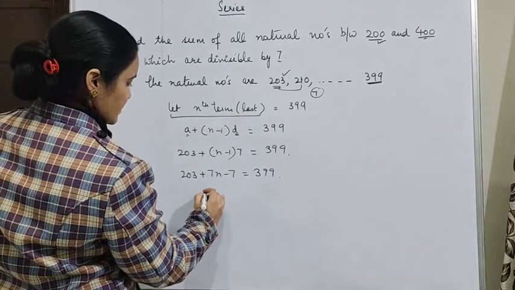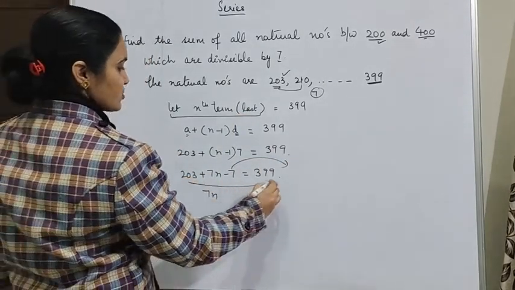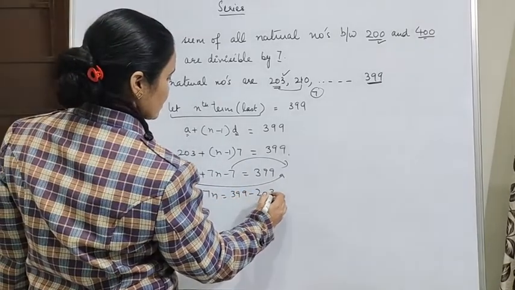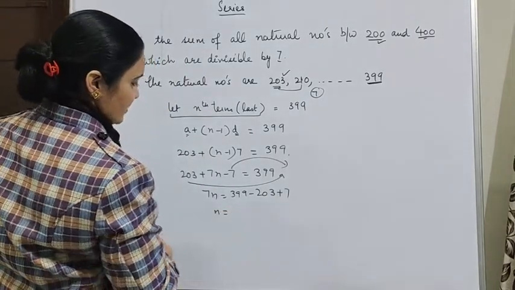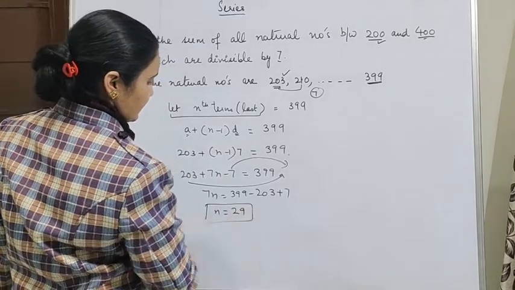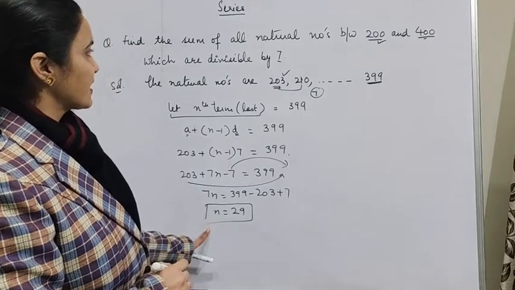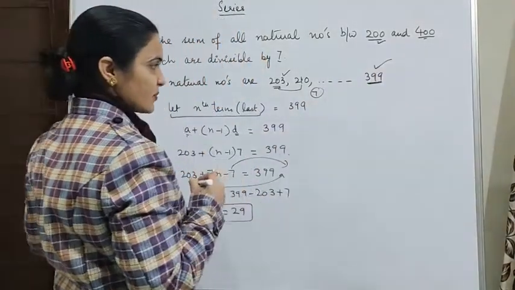After solving, this is 7n; put 7 here and 203 here. So we have 399 minus 203 plus 7, and after solving, n will be equal to 29. Clear? Now you have n, what do you do next? The sum. So first term is given, last term is given.